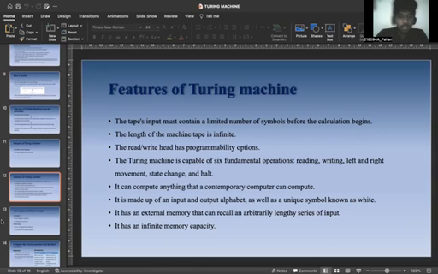The Turing machine is capable of 6 fundamental operations: reading, writing, left and right movements, state change, and halt. Next, it can compute anything that a contemporary computer can compute. It is made up of an input and output alphabet as well as a unique symbol known as blank. It has an external memory that can record an arbitrarily lengthy series of input. It has an infinite memory capacity. Over to you, Prabhashi.